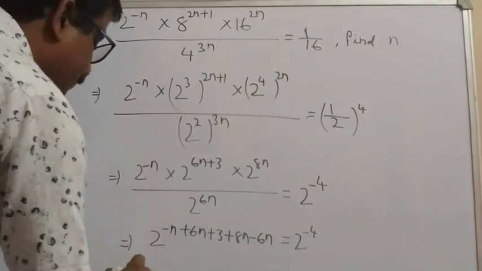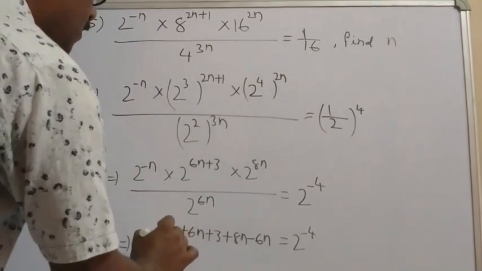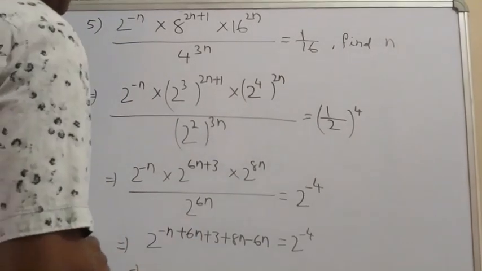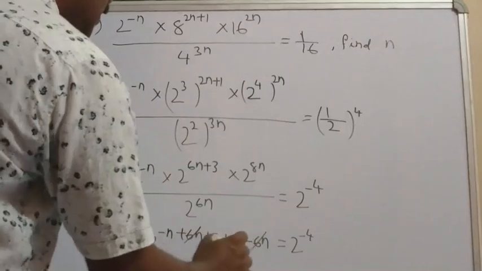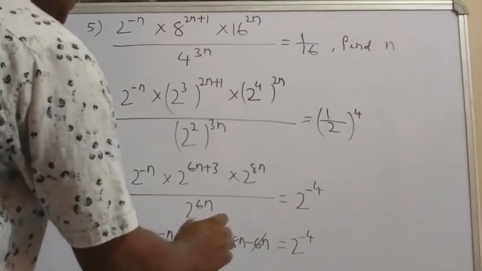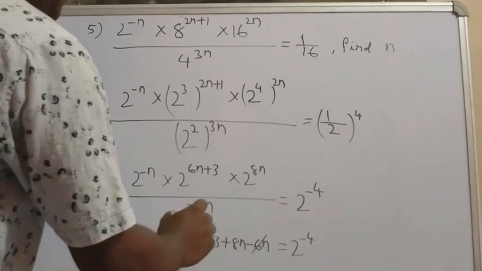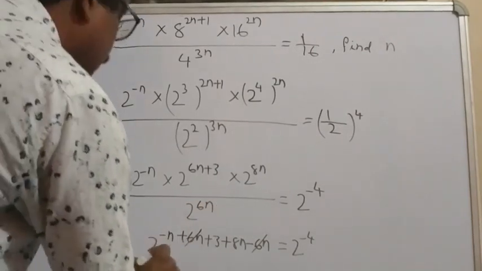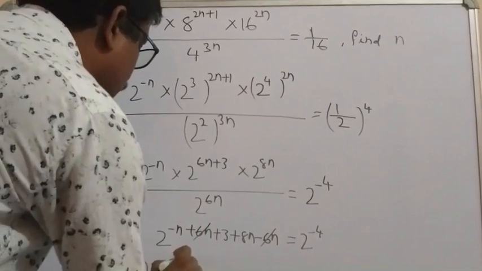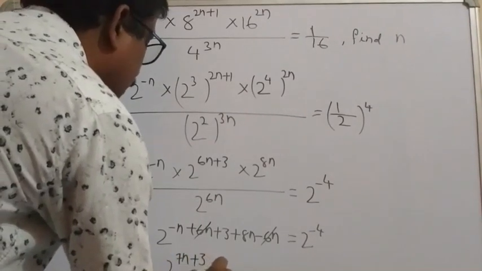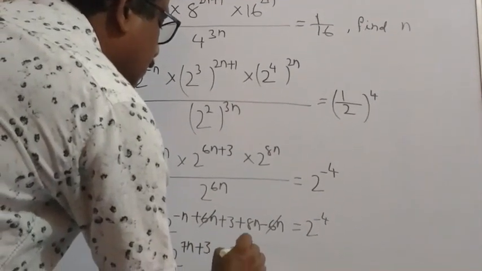Now 2 to the power minus n plus 6n, plus 6n minus 6n cancel. Minus n plus 8n becomes 7n. 7n plus 3. So write 2 to the power 7n plus 3 is equal to 2 to the power minus 4.